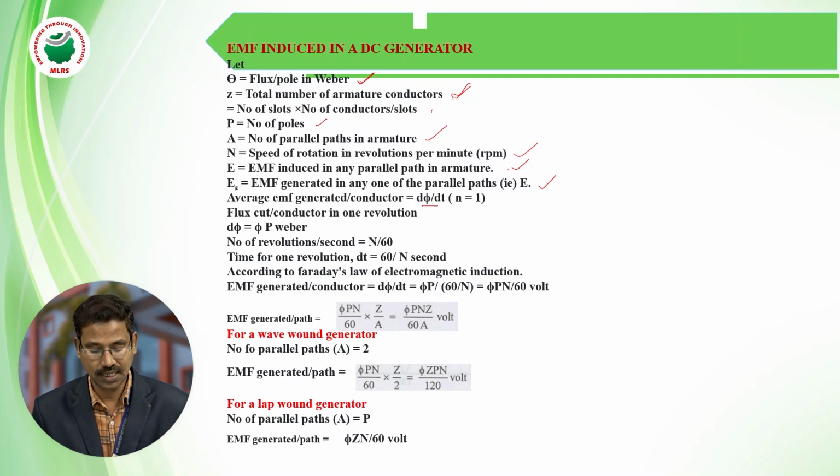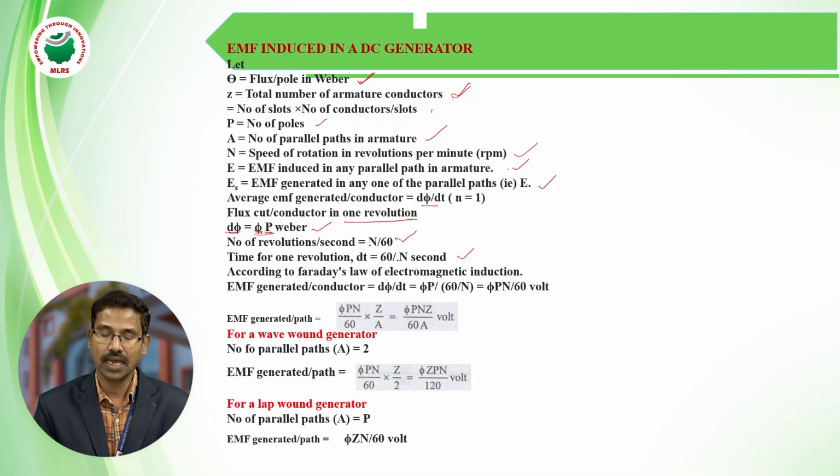For one revolution, the total flux cut by the conductor is d phi, which is the flux per pole times the number of poles, phi into P. The number of revolutions per second is N by 60. The time taken for one revolution is the reciprocal of that, which is 60 by N seconds.